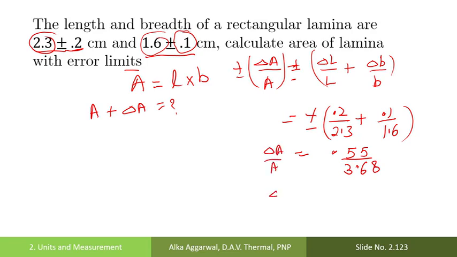So delta A equals 0.55 upon 3.68 into A. What is A? A is length into breadth, which is also equal to 3.68.